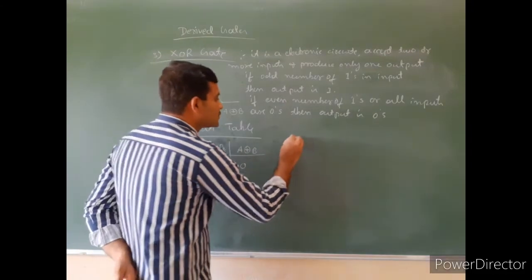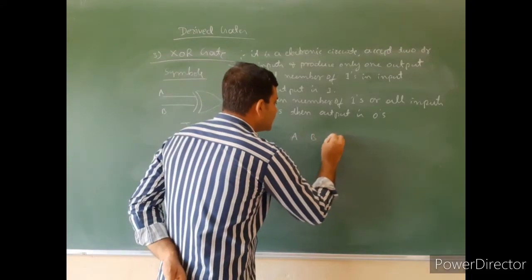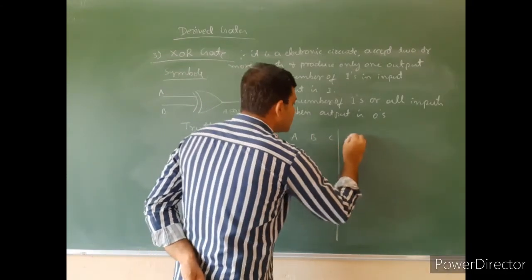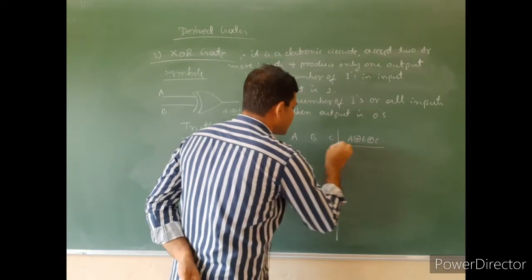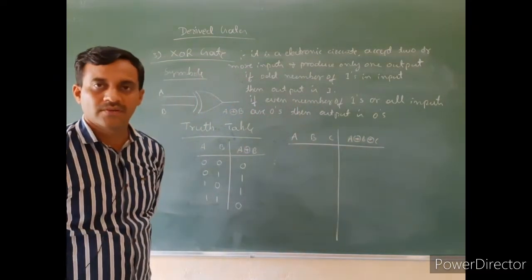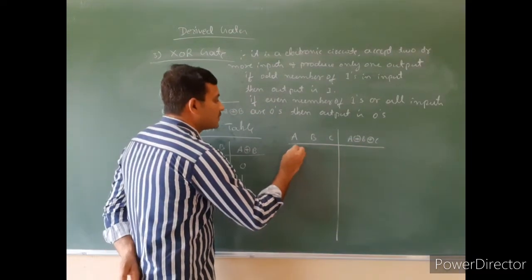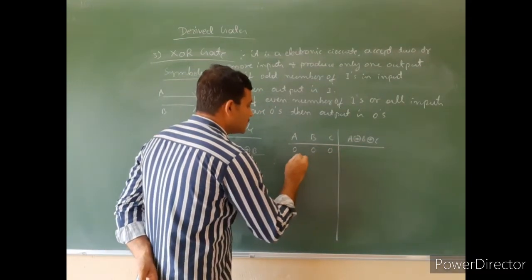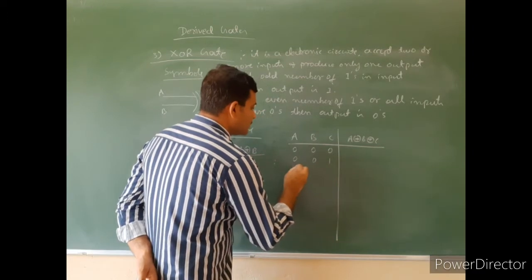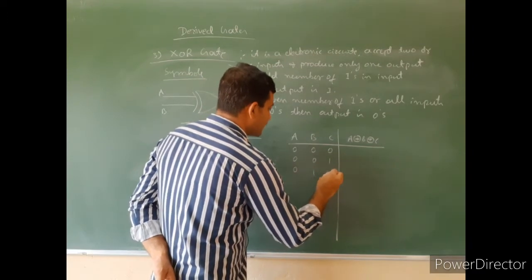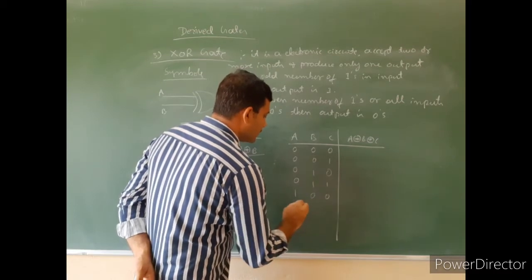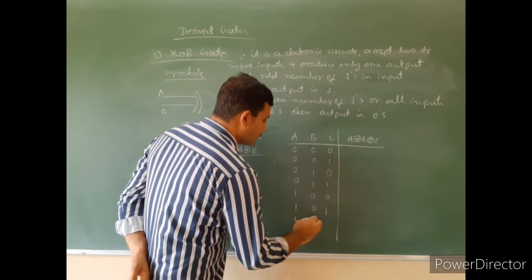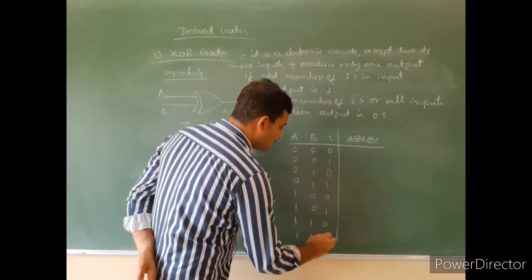If it is 3 inputs, A, B, C, then output is A XOR B XOR C. The combinations are 0 0 0, 0 0 1, 0 1 0, 0 1 1, 1 0 0, 1 0 1, 1 1 0, 1 1 1.